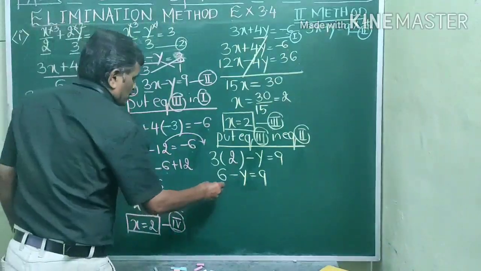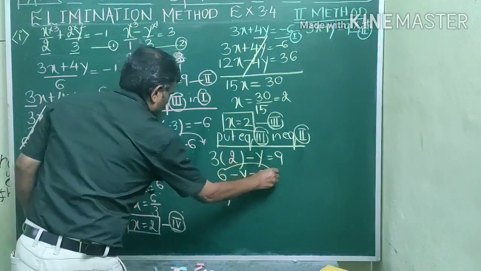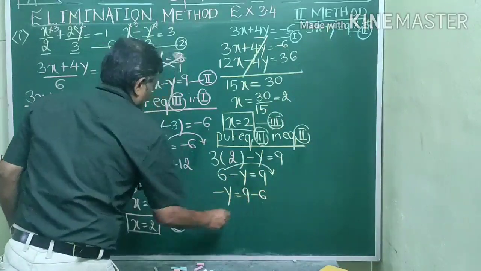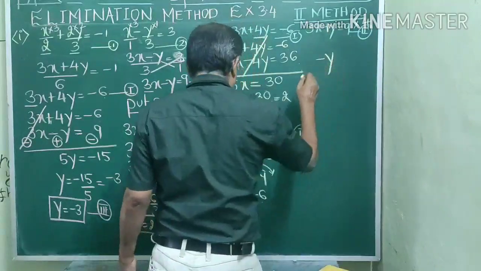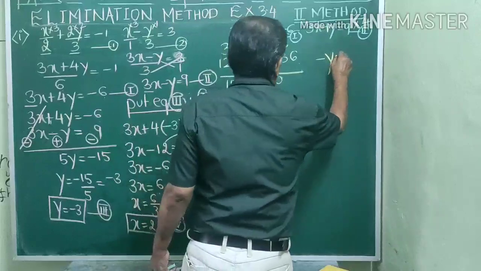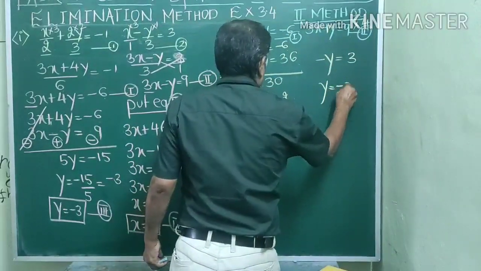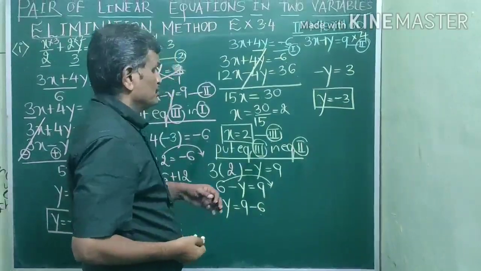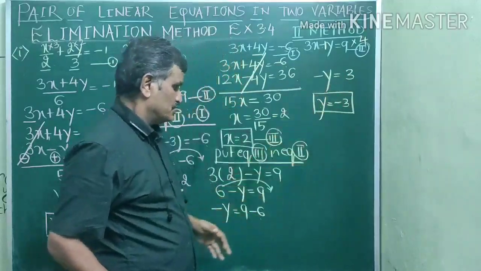If I transpose this 6 to this side, it will become 9 minus 6. So ultimately minus y is equal to 9 minus 6, which is 3. So y is equal to minus 3. If minus y is equal to plus 3, then plus y is equal to minus 3.